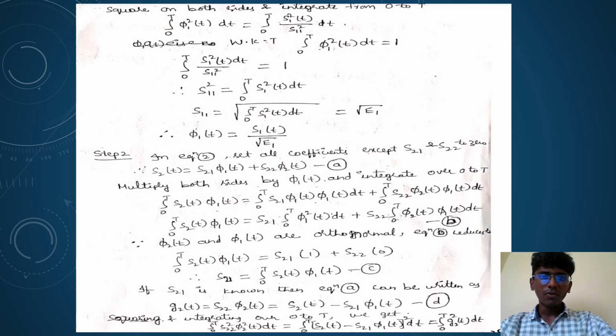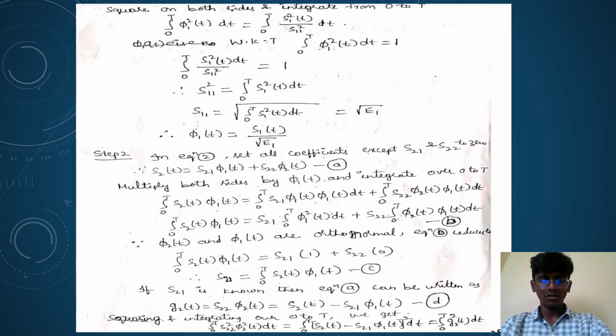By squaring on both sides and integrating from 0 to T, the integration of phi1 square of t dt is equal to the integration of s1 square of t by s11 square dt.